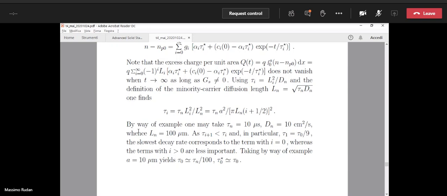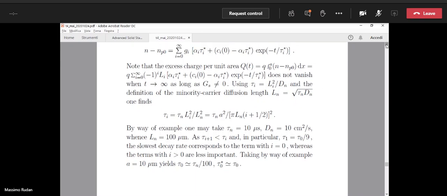So then we take these times tau 1, tau 2, etc. And we see immediately that when we increase the index, tau decreases. So for instance, tau 1 is equal to tau 0 divided by 9, because we have I plus 1/2 squared in the denominator. So you see tau I depends on I.